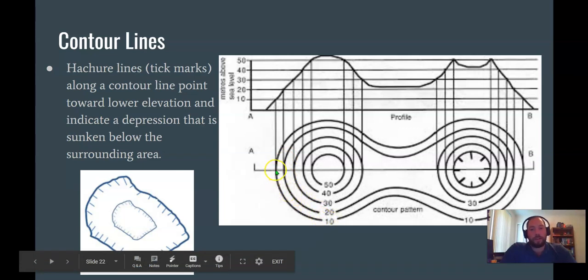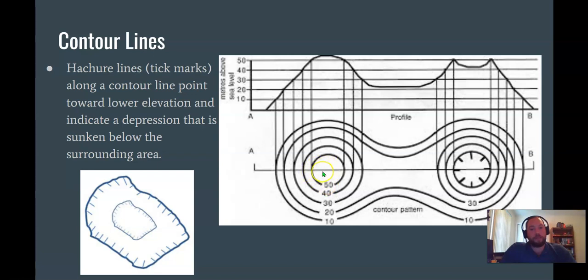So say we'll go 10 meters, 20 meters, it says 20 here, 30 meters, 40 meters, 50 meters, and then the top of it doesn't reach 60 meters, so it could go up to 59.9 meters. But we know that it either levels off or is rounded off up there, so you can see that up here. Then it'll drop back down, 50, 40, 30, so it will stay in between 20 and 30 as we move across here.